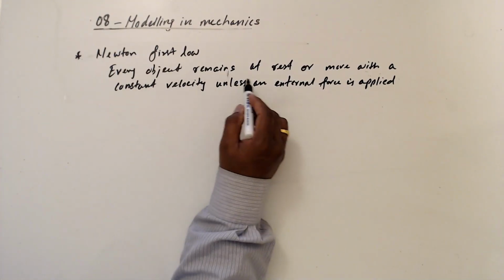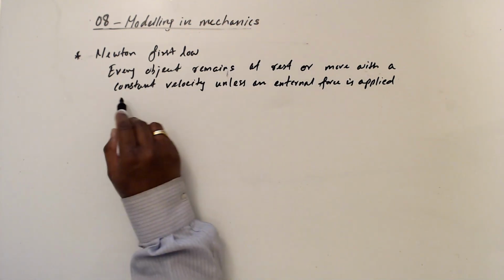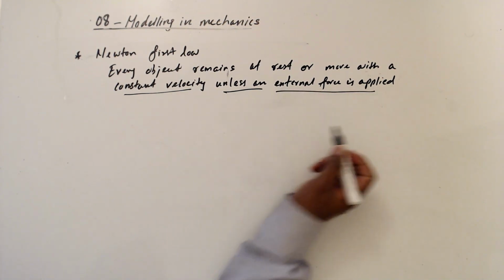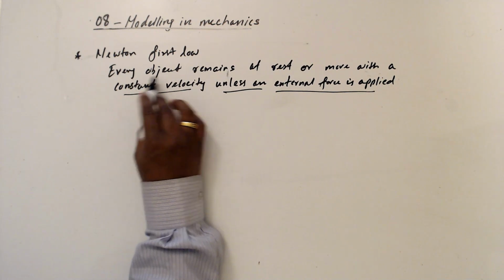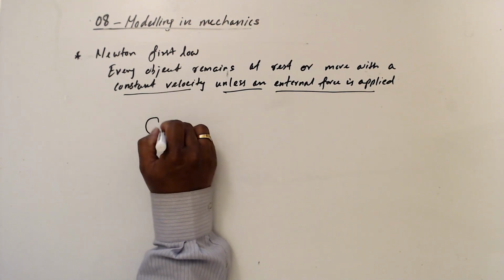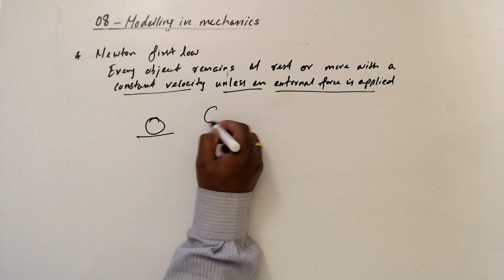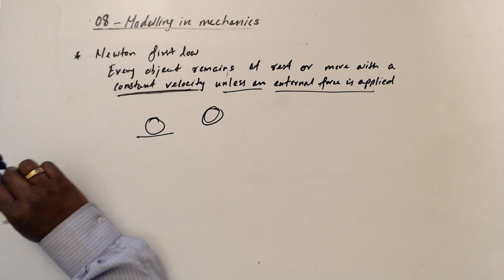Every object remains at rest or moves with a constant velocity unless an external force is applied. So this is true. Every object remains at rest, or it should be in motion. But here there is a word, constant velocity.